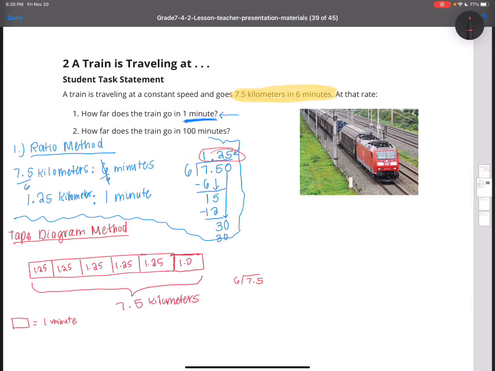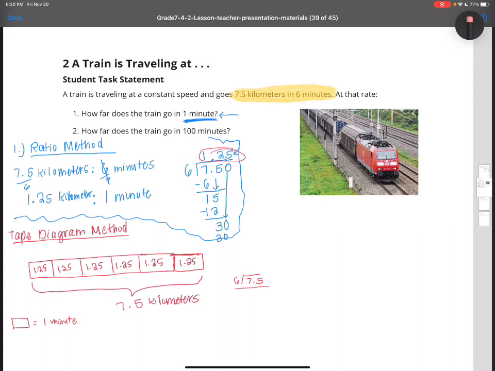And keep in mind, I got that 1 and 25/100 by doing the same method. It's a different way to approach it, but at the end of the day, you still have to do some long division to find out how much 6 can go into 7.5.